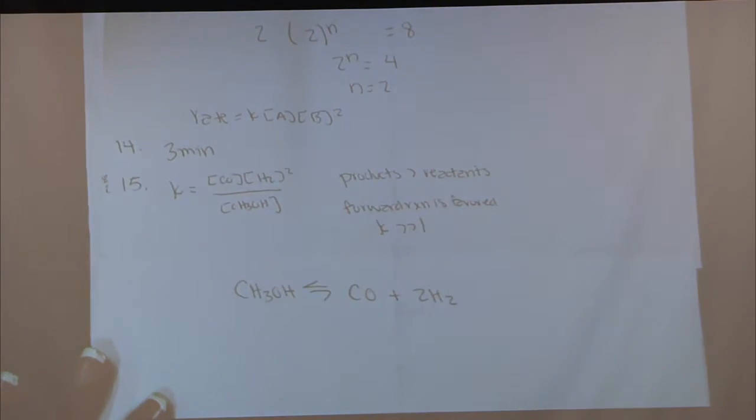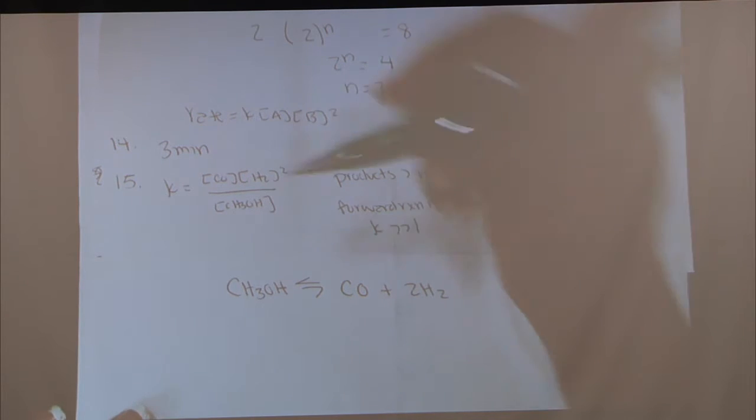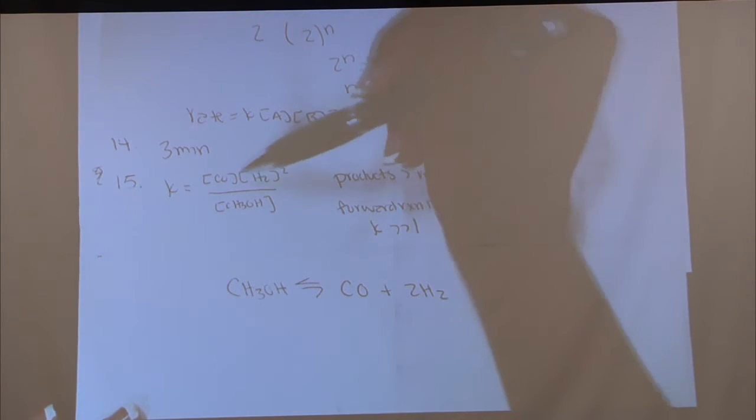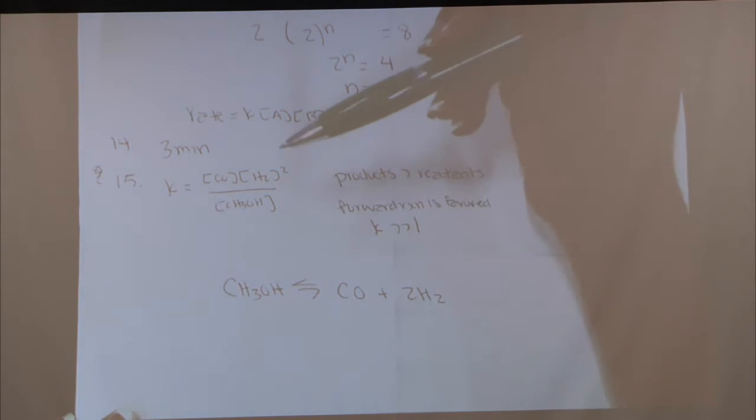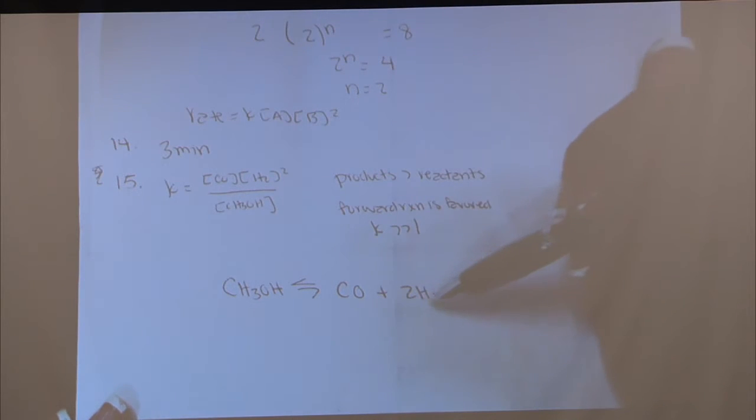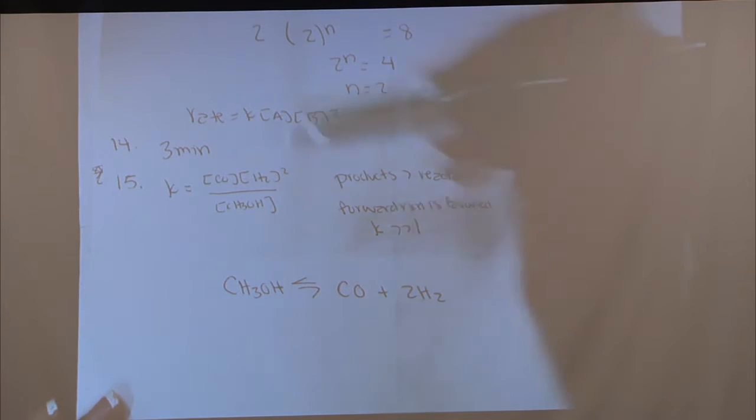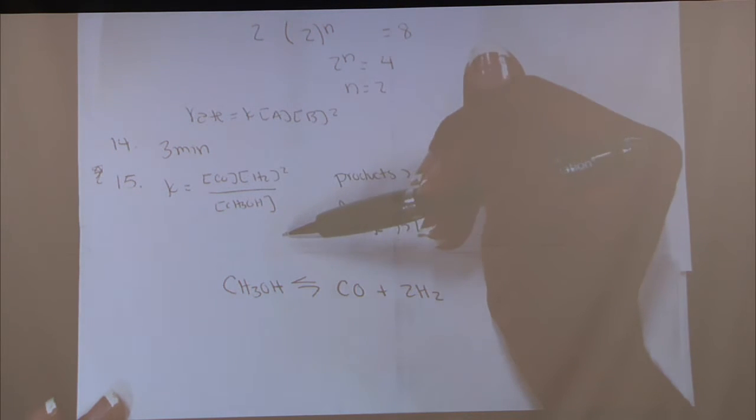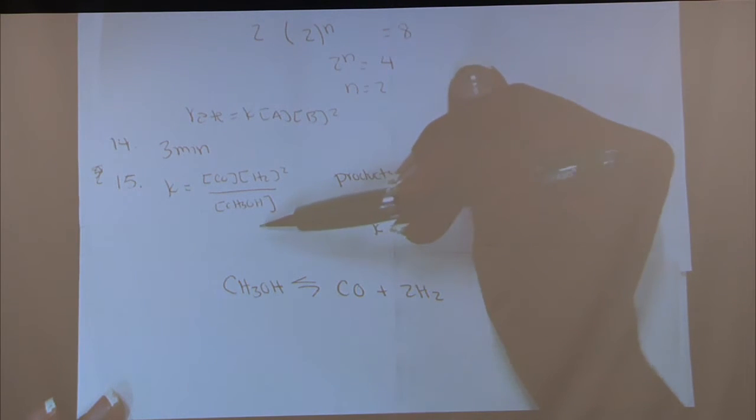If you're going to do a K expression, you're going to put carbon monoxide on top with hydrogen gas raised to 2 because that is the coefficient of hydrogen gas. And when you're doing the K expressions, it's always going to be products over reactants. And so that's why methanol is on the bottom.